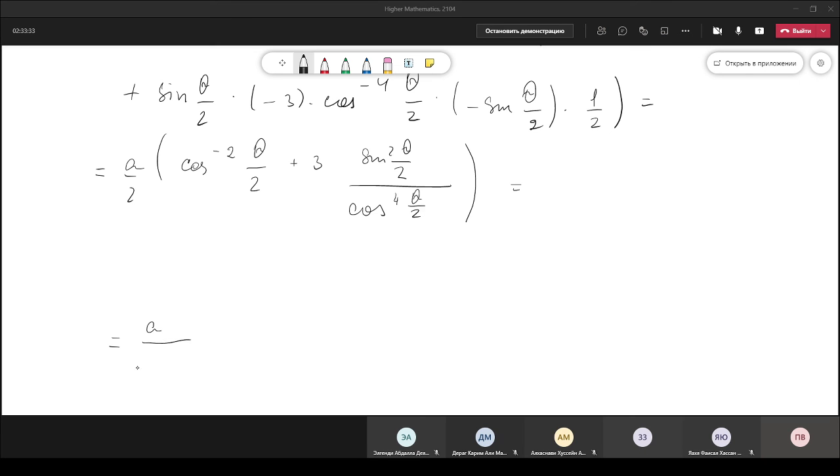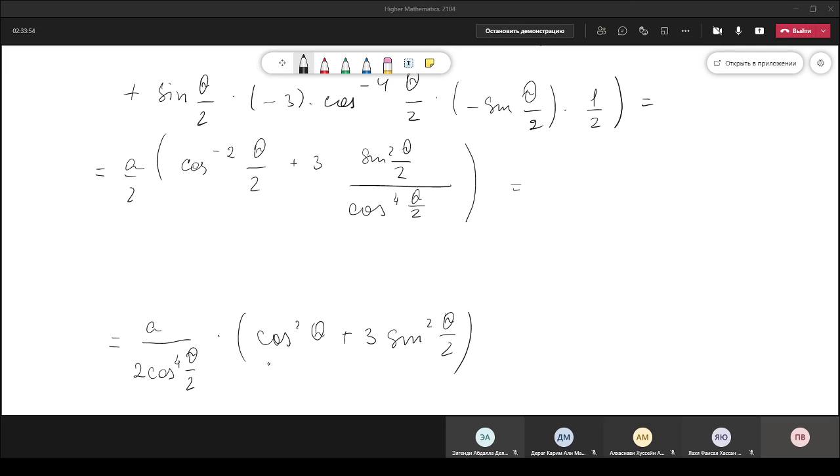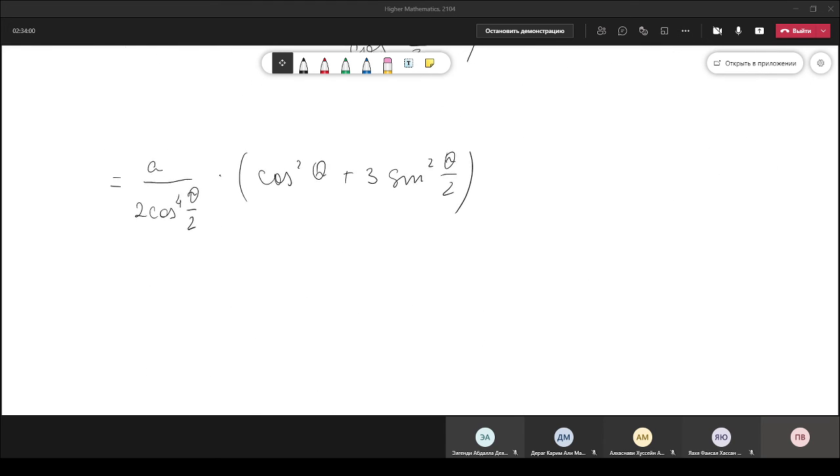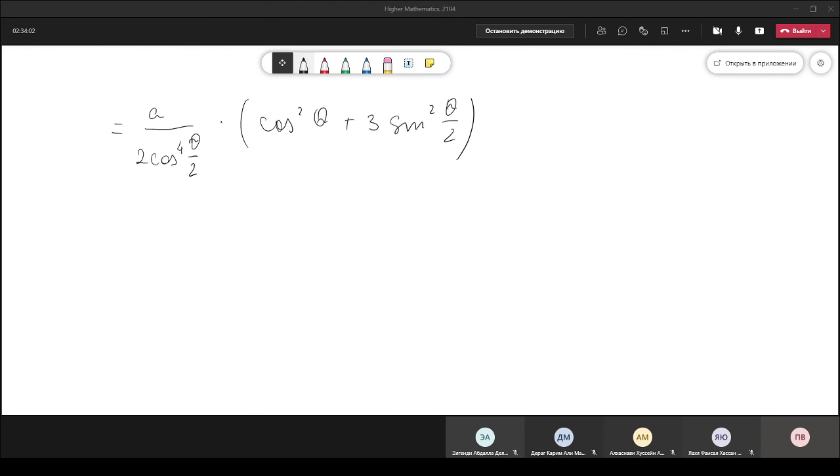A over 2 cosine with power of 4, and we have here cosine squared plus 3 sine squared. Very good. It is the second derivative. And now we calculate k.